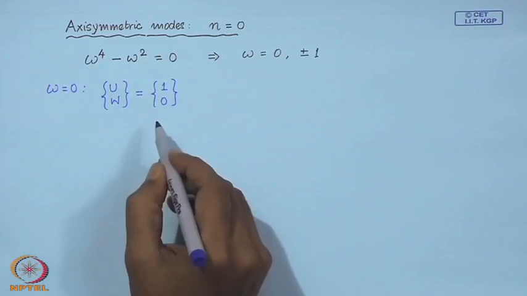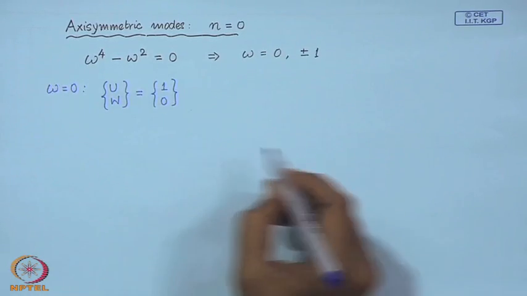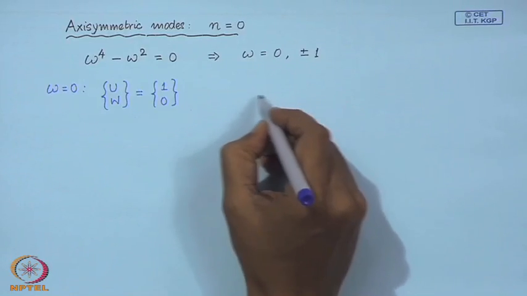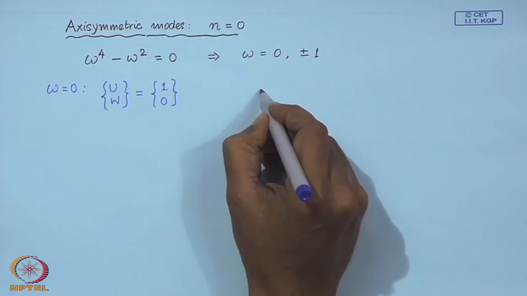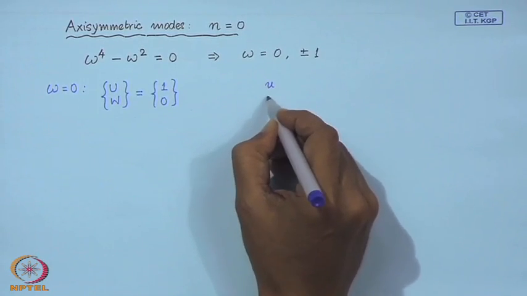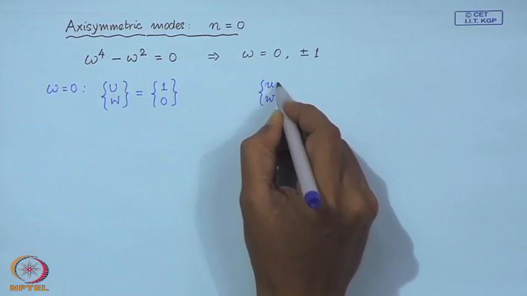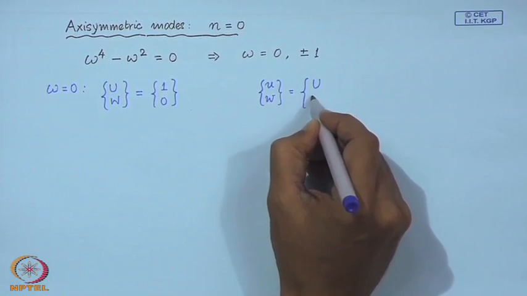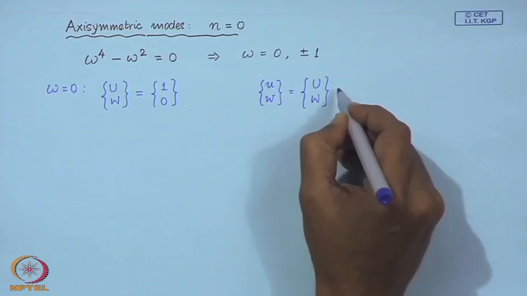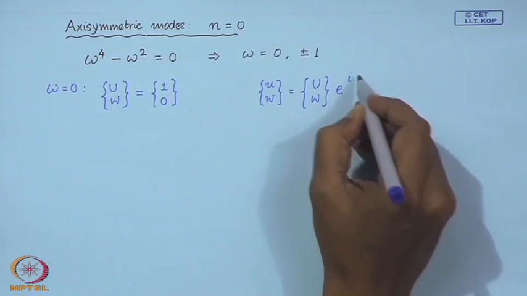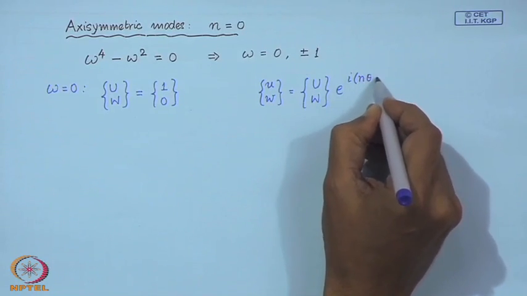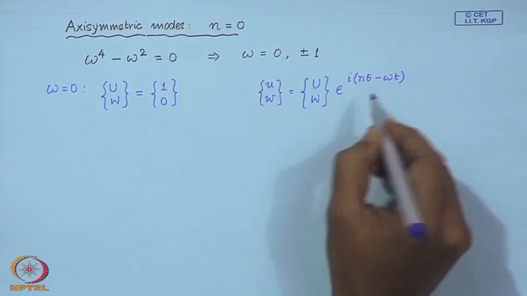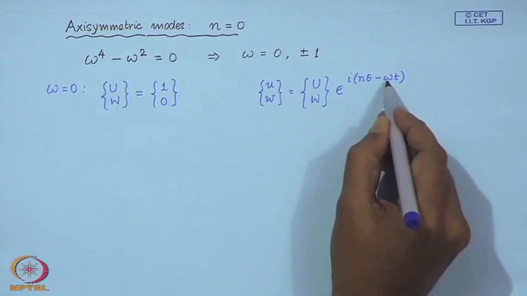Now, this means that, see, the solution was so n is 0, omega is also 0.